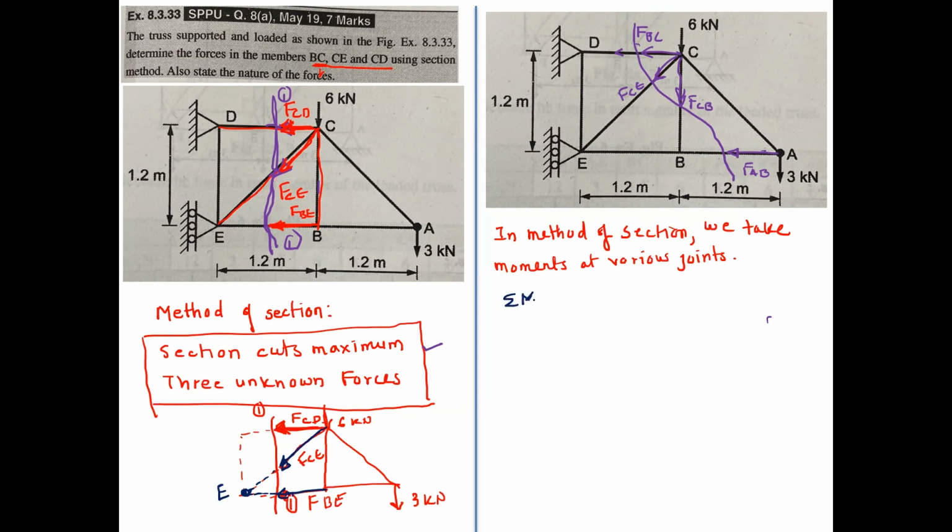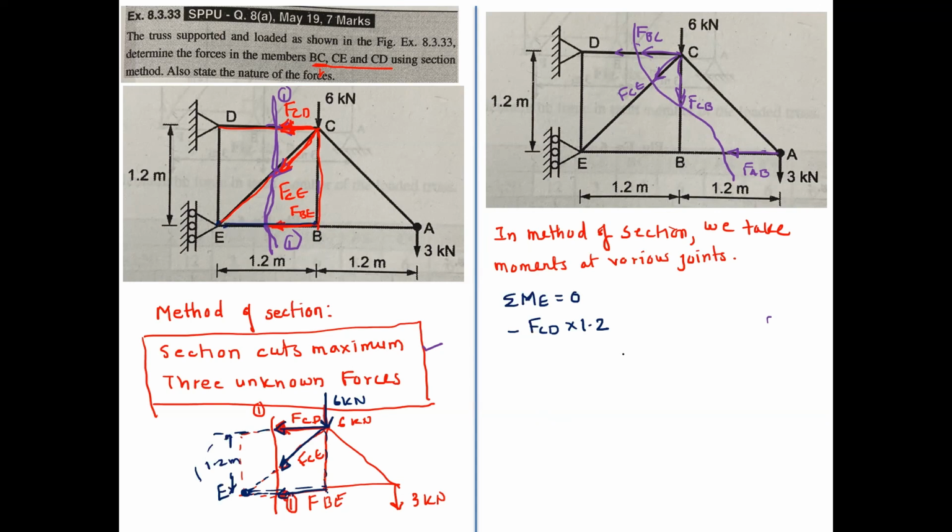Taking moment about E equal to 0, the condition of equilibrium. Your force FCD, whose perpendicular distance is 1.2 meter, will rotate anti-clockwise. So minus FCD into 1.2 is your first moment. Clear? Now the second force is 6 kilonewton, whose perpendicular distance from this point is 1.2.